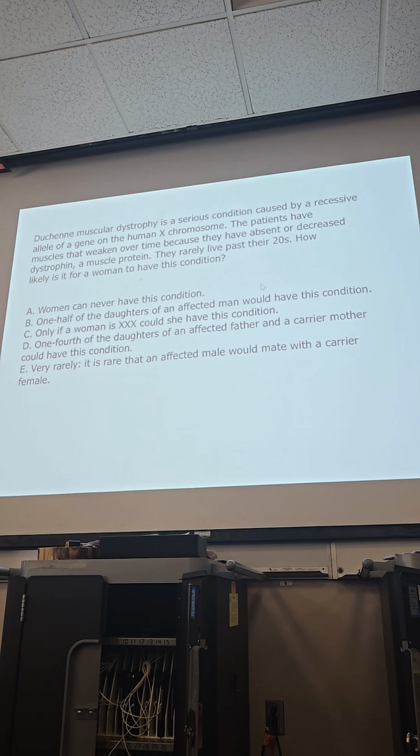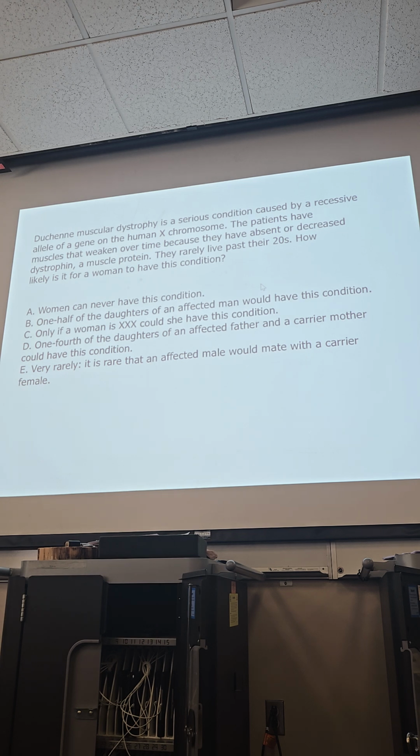Talk to each other. I picked a quarter of the daughters of an affected father and a carrier mother would have this condition. What did you get? Basically, it's affecting the X chromosome. How likely is it for a woman to have this condition?